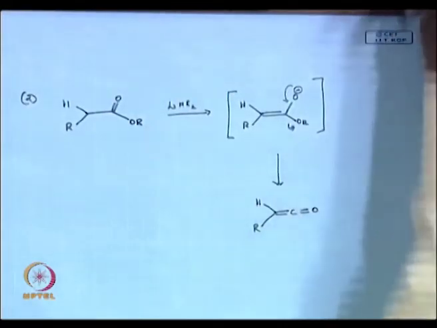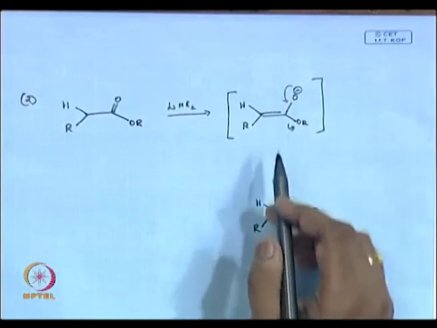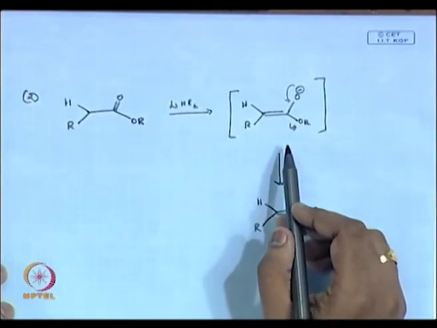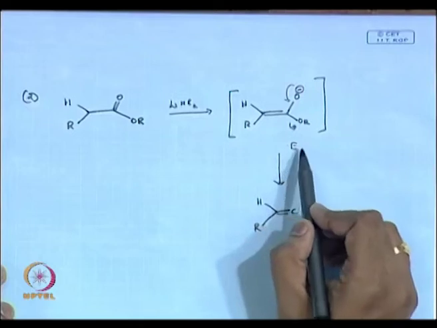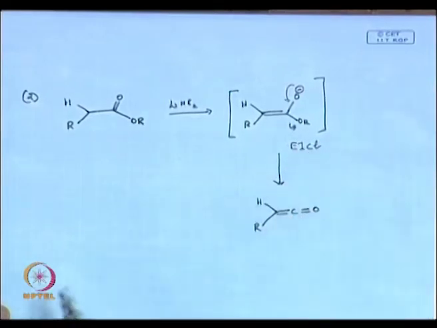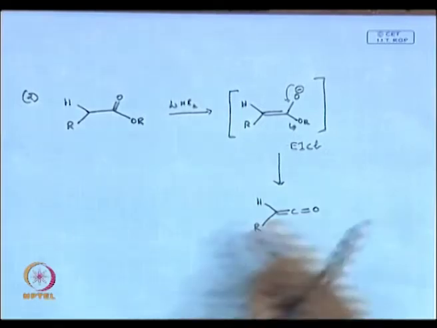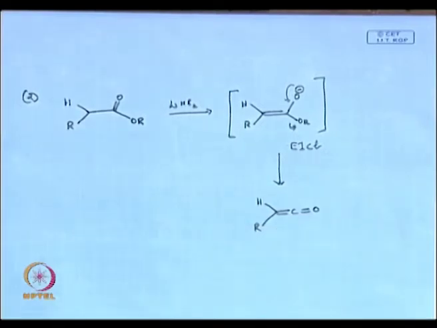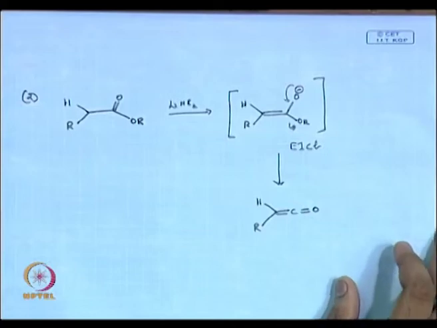In this case, what type of elimination is it? This is your E1CB elimination. So, these are nice syntheses where you can see elimination reactions happening here.